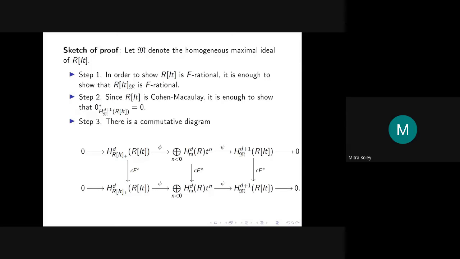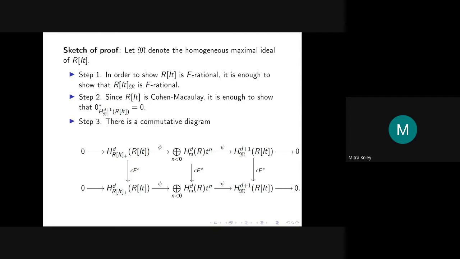Step 2 is: since the Rees algebra is Cohen-Macaulay, it is enough to show only that the tight closure of 0 is 0. Notice that the top local cohomology supported on the maximal ideal M is the same as the top local cohomology of the Rees algebra localized at M. Hence the tight closure of this is the same as the tight closure of the top local cohomology module of the Rees algebra localized at M and supported on M.